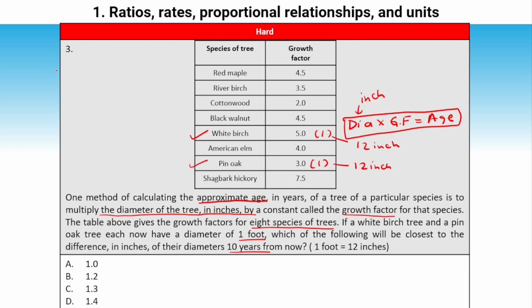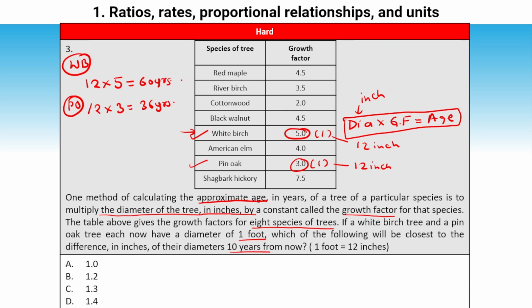Let's see for white birch. The diameter is 1 foot, that is 12 inch, into its growth factor, which is 5, so it will give its age, that is 60 years. For pin oak, what will be its age? Its present diameter is 12 inch into its growth factor 3. That is 36 years.